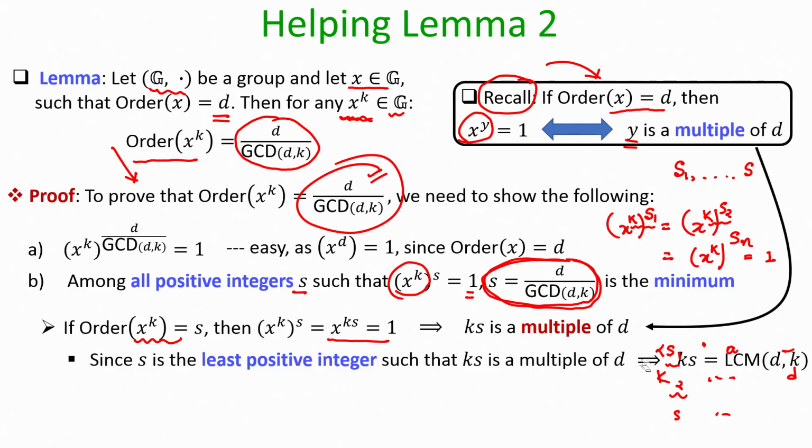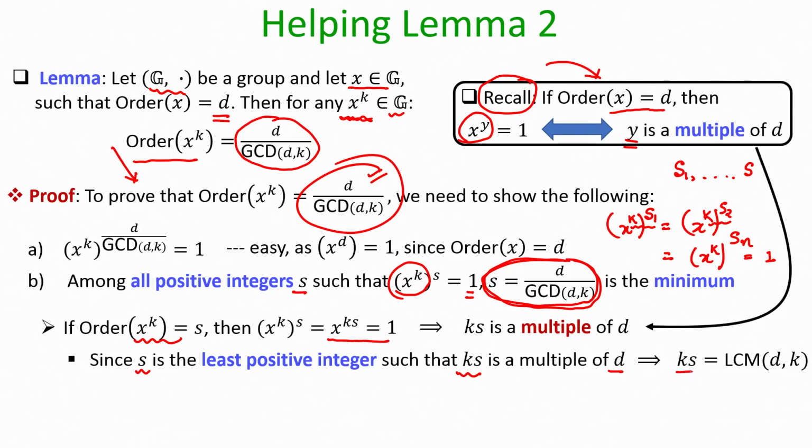So, what I can say here is the following: if s is the smallest index or the smallest power among these various powers s1 to sn, satisfying the condition that x power k times si is 1, then the property of s is that s is the least positive integer of the form k times s which is a multiple of d.